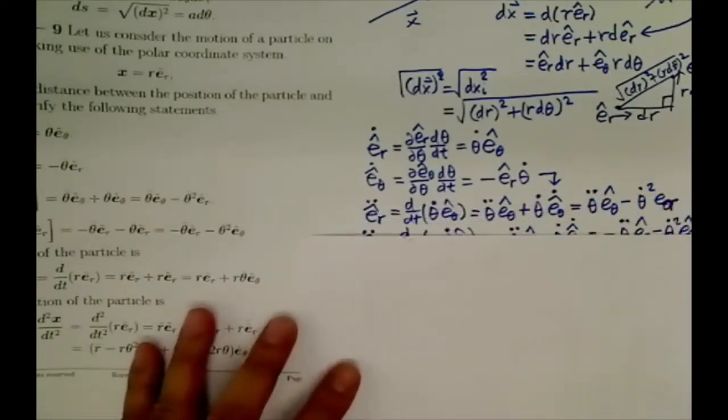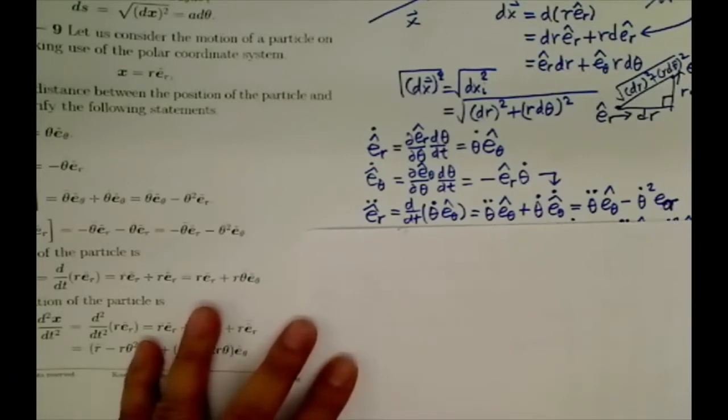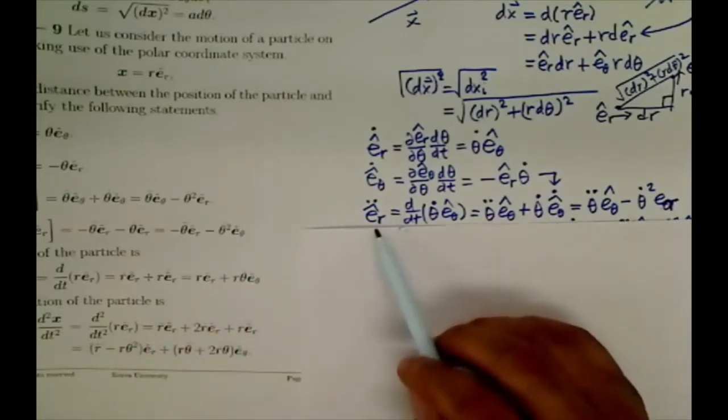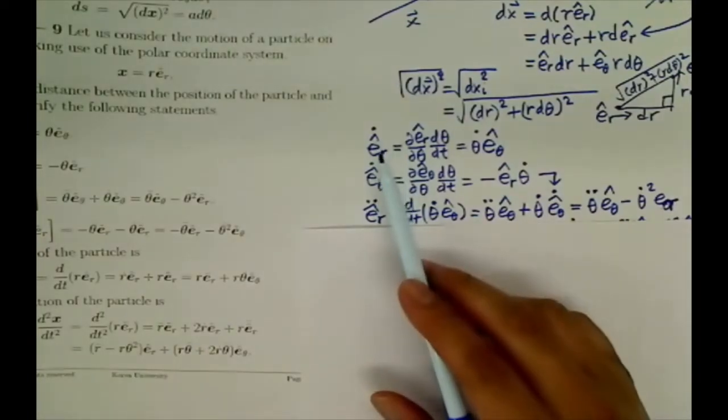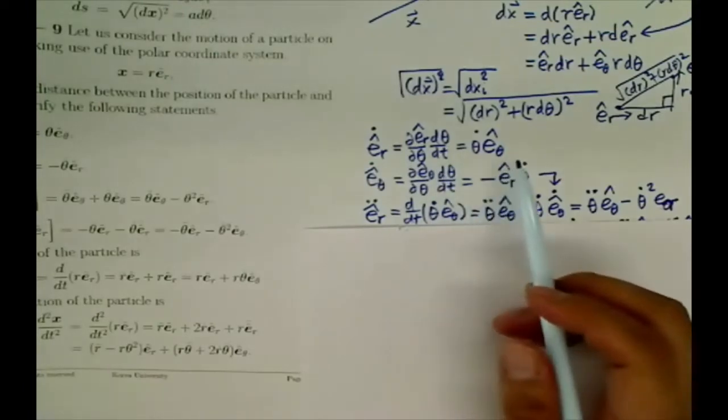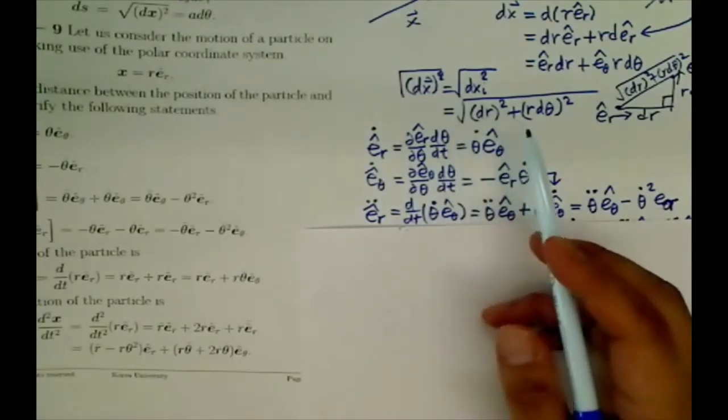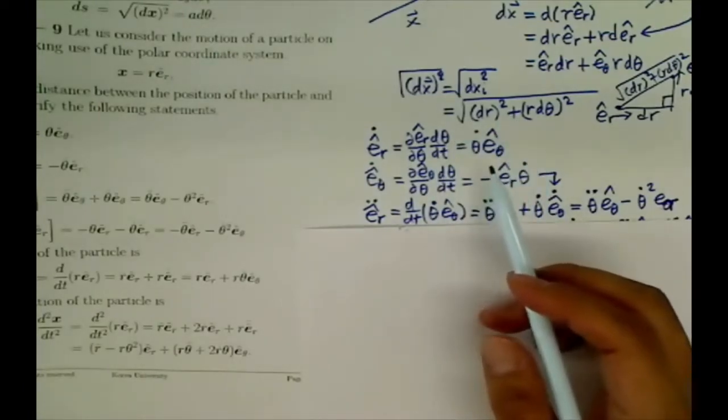And then we go further. Second order time derivative of e_r. The first order time derivative has already been obtained here.